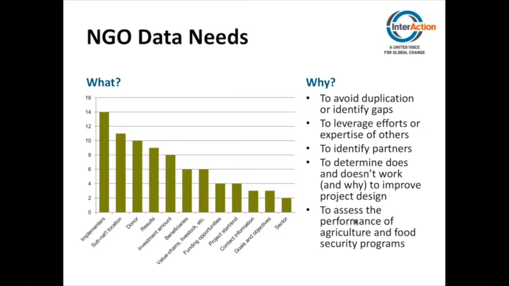So they also need information on subnational location as to where in country these interventions are being implemented, the investment amounts to just have a general sense of the scope of the programs, and who the intended beneficiaries are in these programs. Now, if we go into the last parts of why NGOs need this data, determining what works and frankly what doesn't work, and to actually assess the performance of these interventions, they really need information on results, on goals and objectives, and sectors and the specific value chains to really learn from what other organizations have been doing.